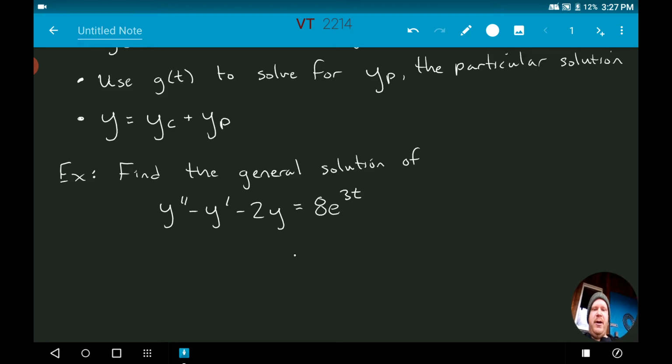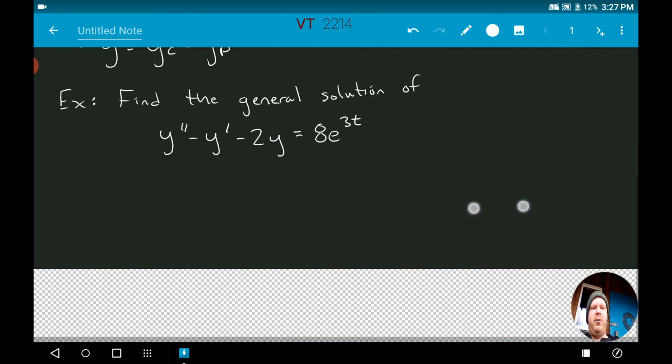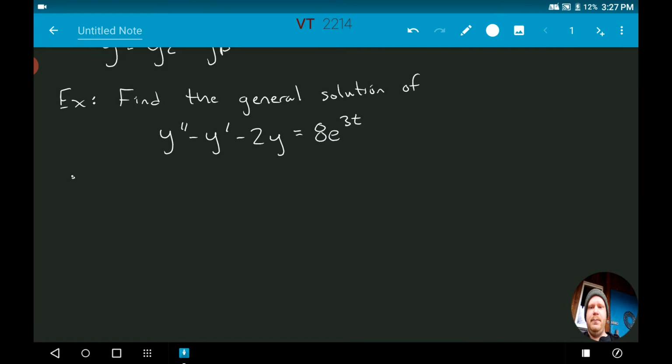So it's definitely non-homogeneous. The first thing that we want to do is find the corresponding complementary solution. So yc is going to be equal to, we're going to temporarily turn this into a homogeneous differential equation. We know how to do this, right?